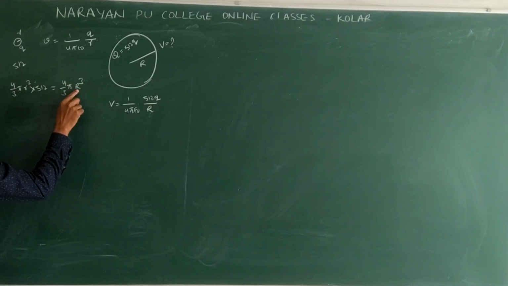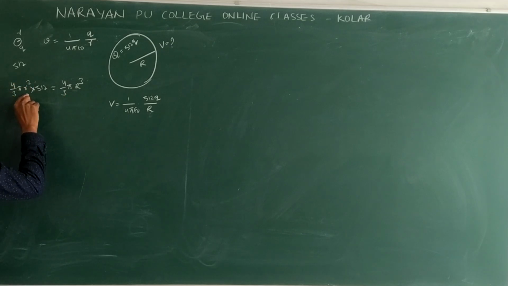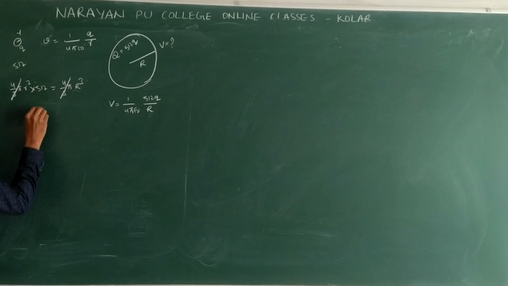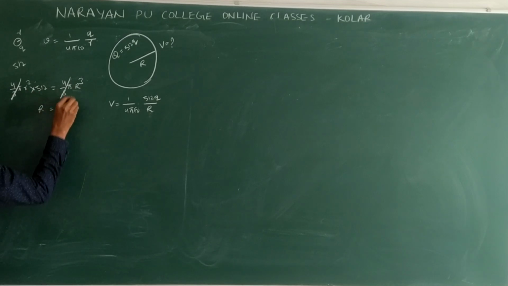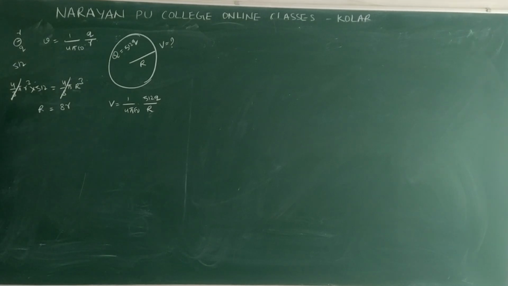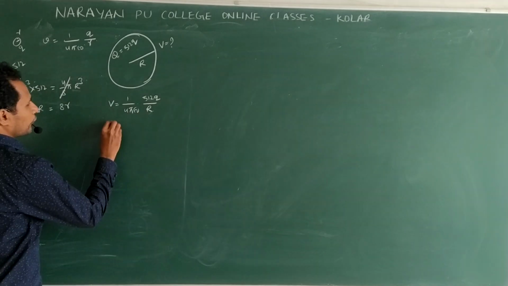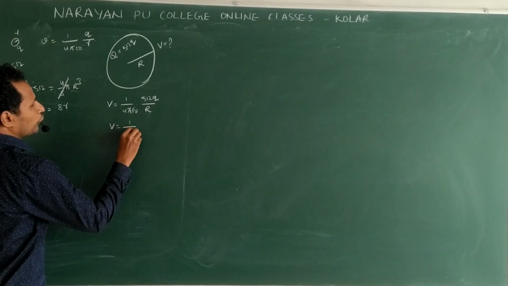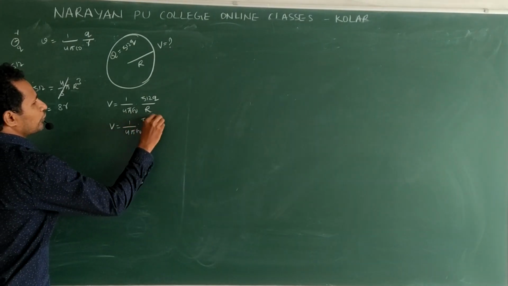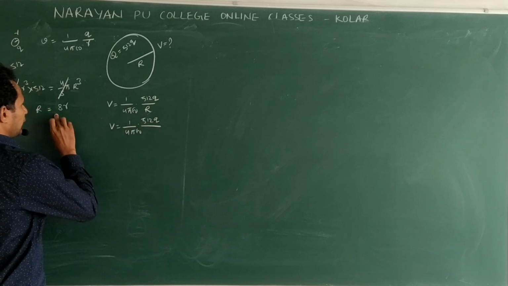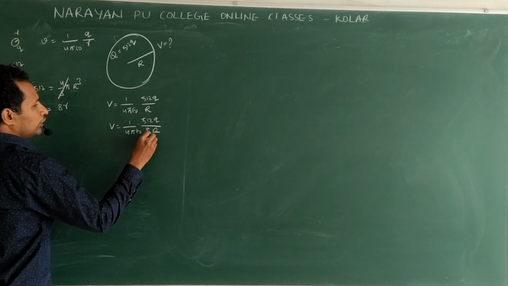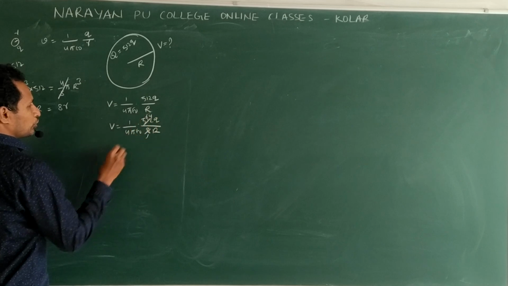Bigger drop radius is capital R. All small droplets combining forming a big drop. Cancel this. Then capital R we can write as cube root of 512 r cube, which is 8 r. Cube root of 512 is 8. Then we got capital R. Substitute here. V is equal to 1 by 4 pi epsilon naught, 512 q by capital R, which is 8 r. 512 by 8 is 64.